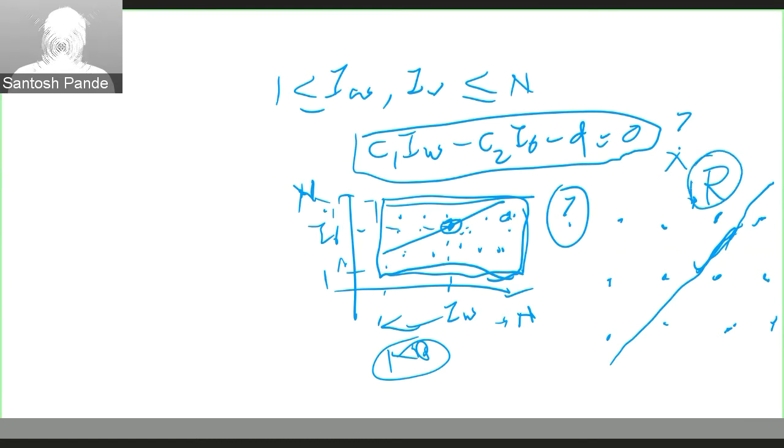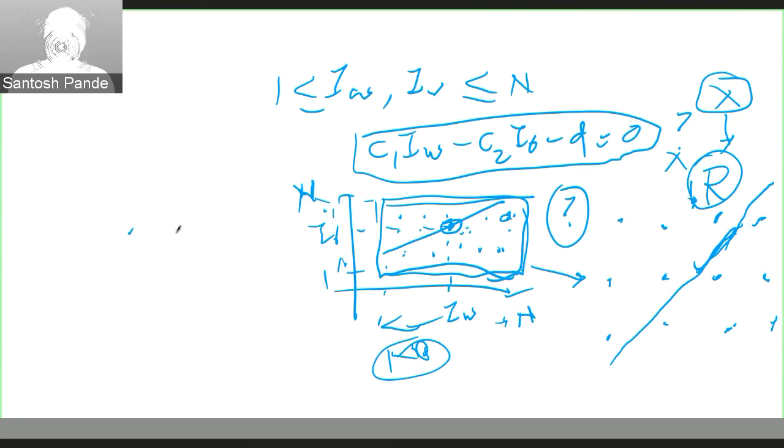And Banerjee inequality targets this. So you can see now that the real space is a relaxation of the integer space. In other words, if we do not have a solution in the real space, if there is no solution to this equality in the real space, how can that be?